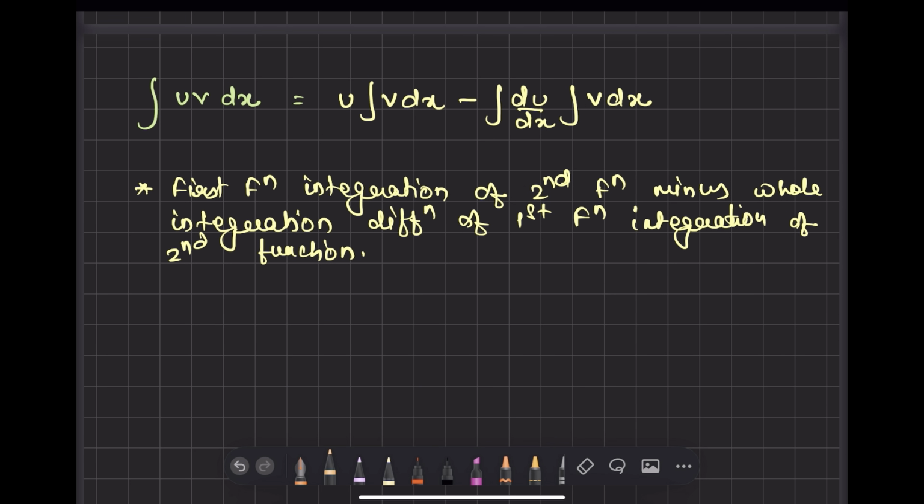Now, if two functions are given in product, then how do we decide which function has to be taken as the first and which as the second? Why is this important? Because if mistakenly you take as first function a function which has to be taken as second function, and you try to integrate, you will keep on integrating till infinity and you will never get the proper result.